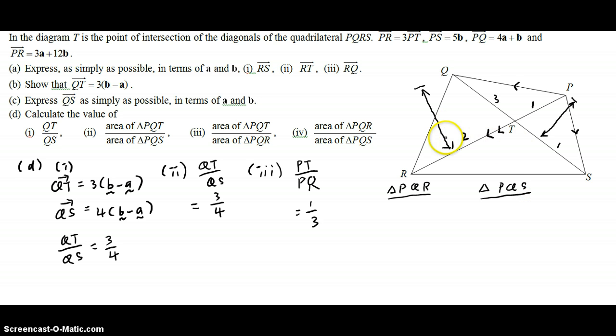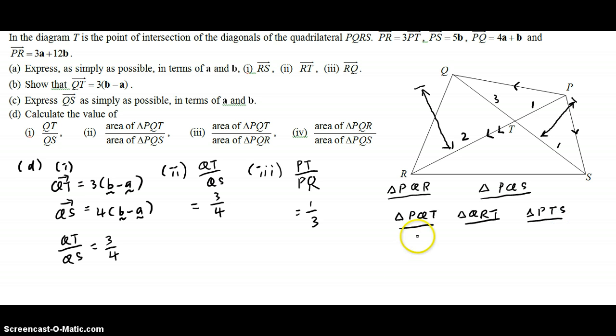By looking at the diagram, you know that triangle PQR can be broken down into triangle PQT and triangle QRT. And PQS can be broken down into triangle PQT and triangle PTS.